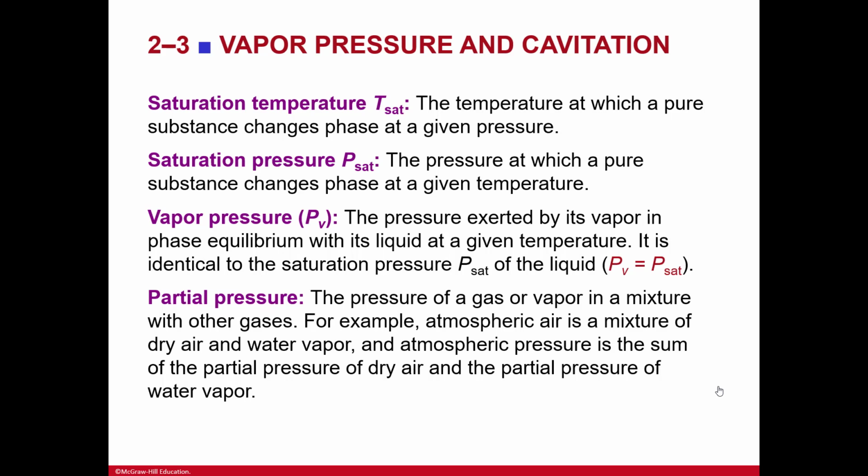The atmospheric pressure is the sum of the partial pressures of dry air and water vapor. So you're taking the pressures of that dry air and that water vapor, and the sum of those becomes the total atmospheric pressure, which makes the dry air and water vapor pressures partial pressures because each is part of a whole mixture.